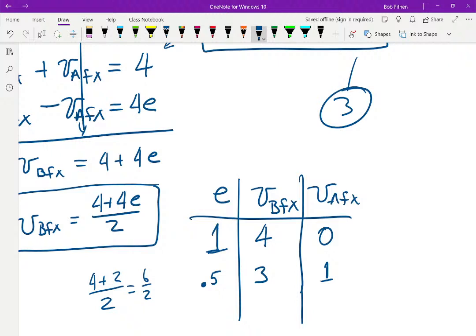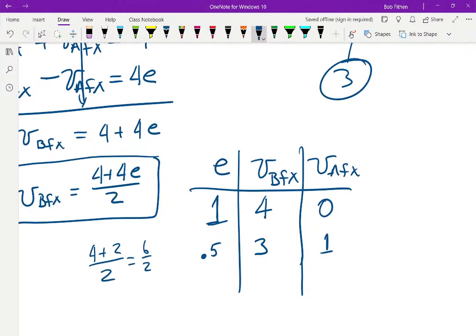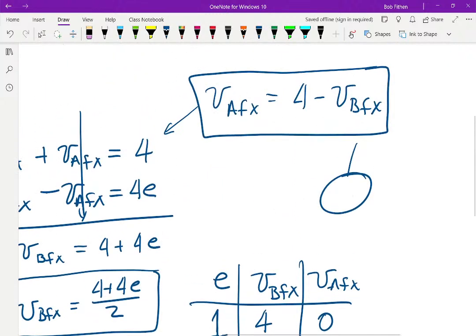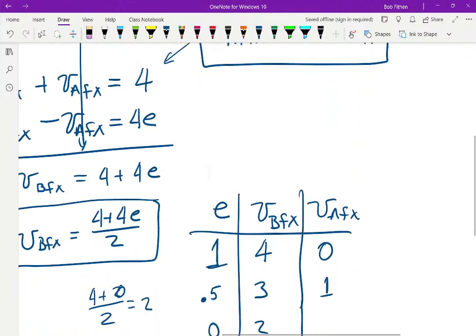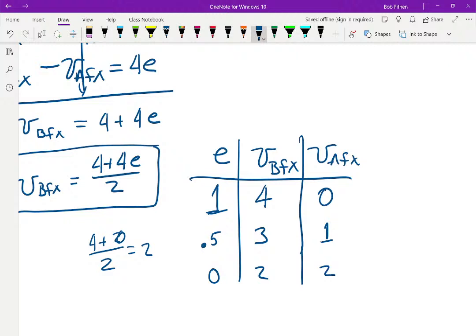Now, let's go ahead and go to a 0. Okay, if I go to a 0, I get a 2, and that'll give me a 2. And if I get a 2 up here, 4 minus 2 gives me back a 2. So again, what happens is E equals 0, same final velocity.